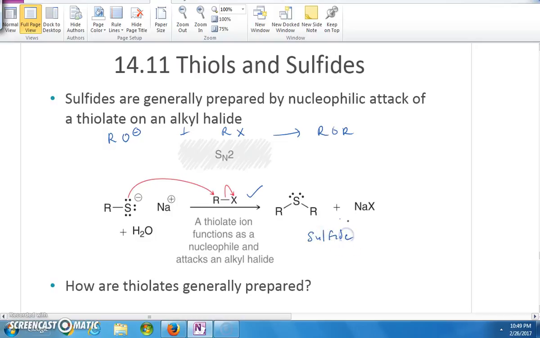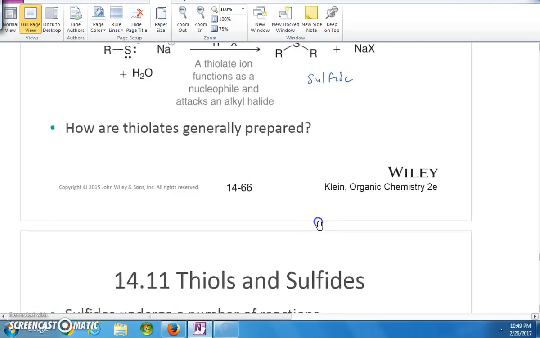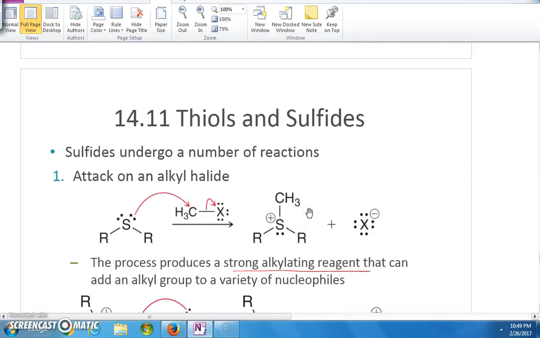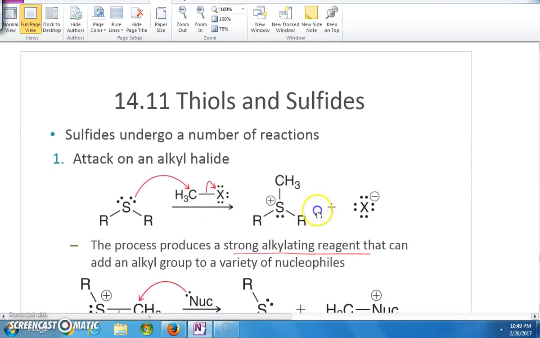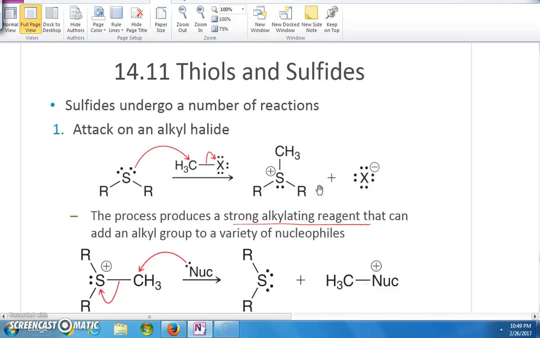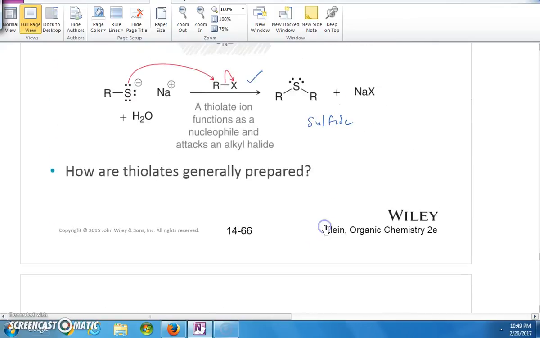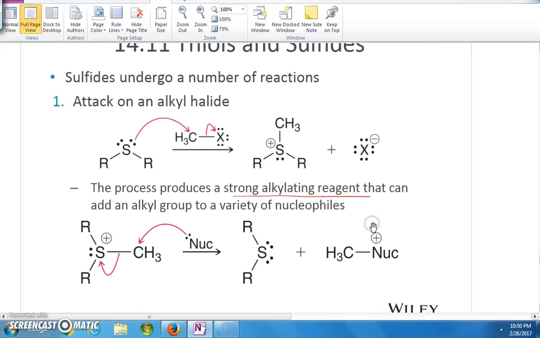And how is a thiolate prepared? Pretty straightforward. If you start with a thiol, all you need to do is react it with sodium hydroxide, and you get the thiolate and water. So this is now your nucleophile, which you can easily prepare.